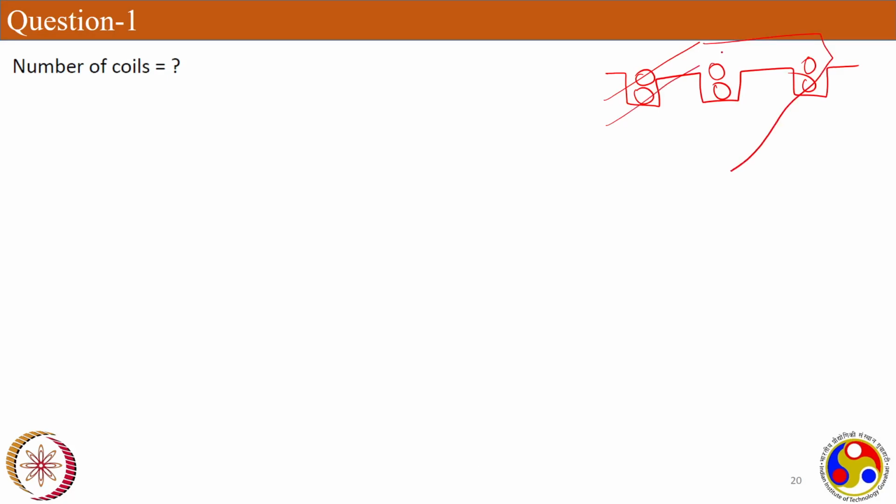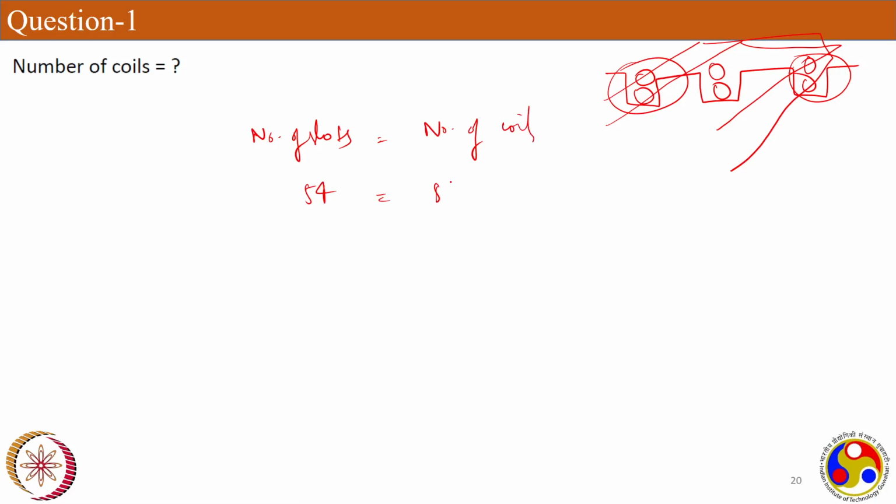Now if you see, these two slots are having two coils, right? Because of this lower and upper deck arrangement, two slots will arrange for two coils. So in the double layer winding, the number of slots is equal to the number of coils. It is 54 slots, so the coils will also be 54.